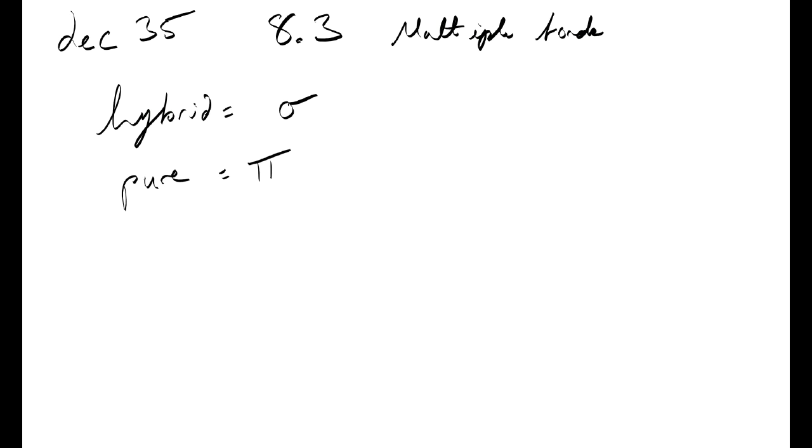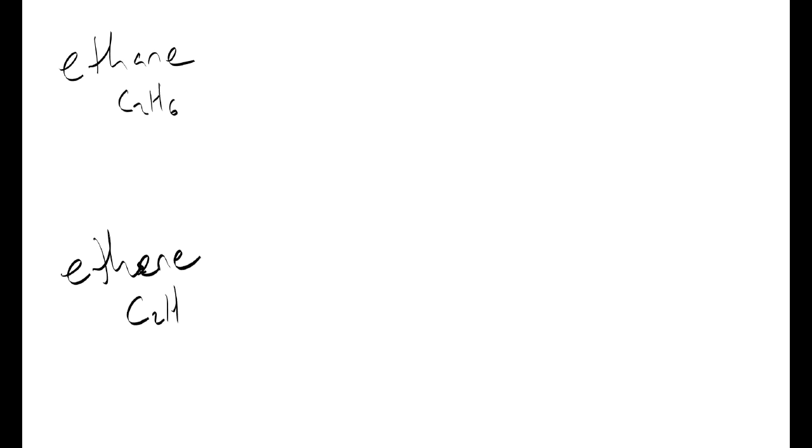Now let's explore some of what that means for our geometries. Once again, let's look at ethane and ethene. Okay, so C2H6 and C2H4. Here we have carbon bound to 3 hydrogens, bound to carbon, bound to 3 hydrogens.